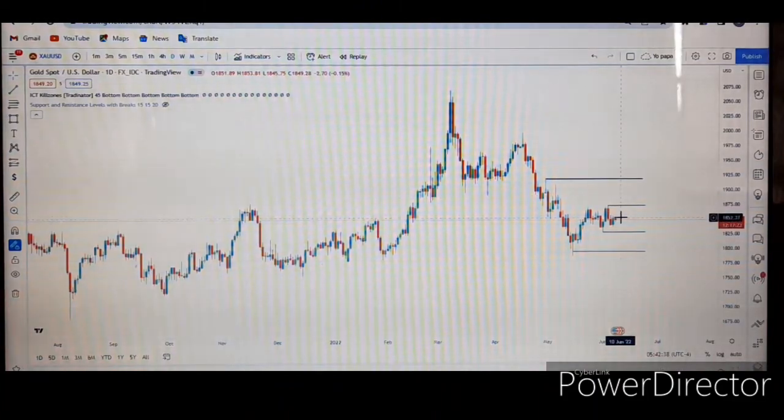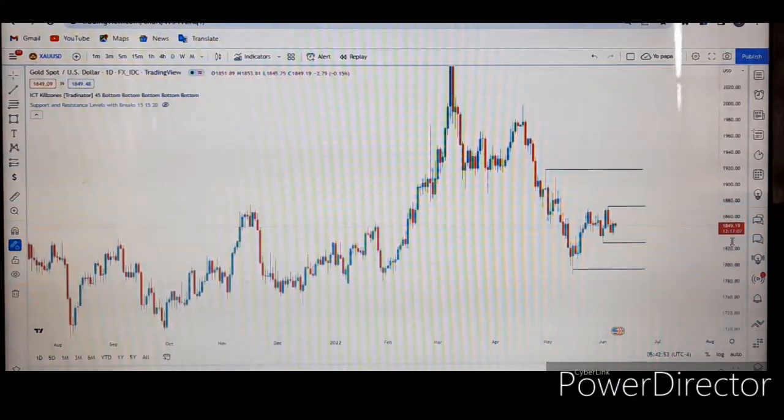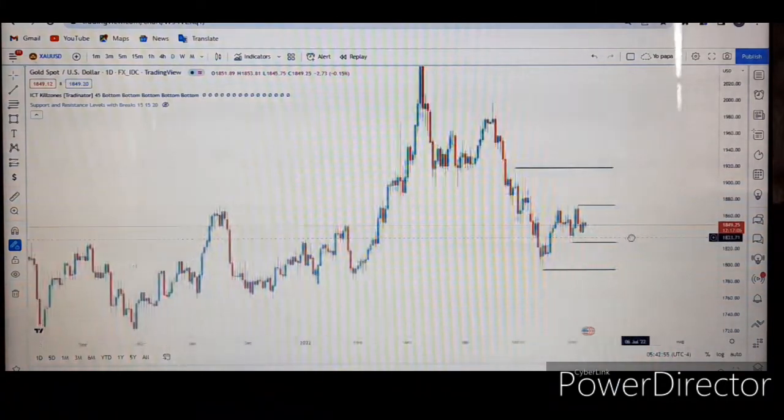We are on the daily time frame, so this is a big move. We can take this one, and from there we will look at where we can find the clean highs and the clean lows.